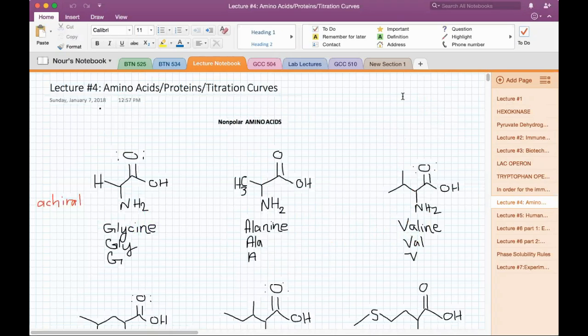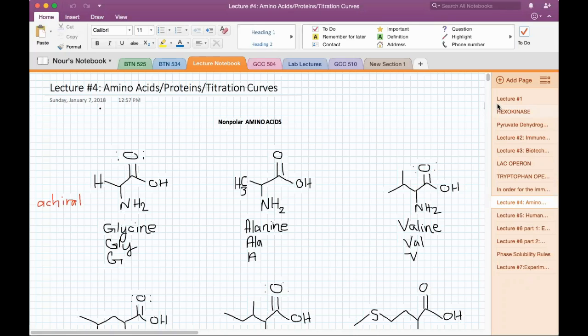The first amino acid is glycine, and you have to know the single letter designations for them, because a lot of the times when you do passages on the bio sections, like a genetics passage or a biotechnology passage, they will designate amino acids by their single letter designation, so you have to memorize them. So I'm putting them on here. I mean, they're probably in your book. As I said, I'm only generally reviewing them before I go over titration curves.